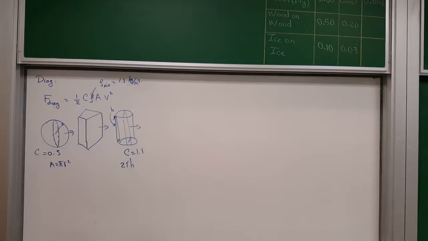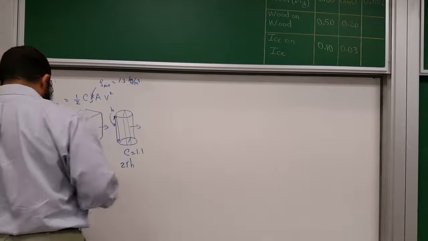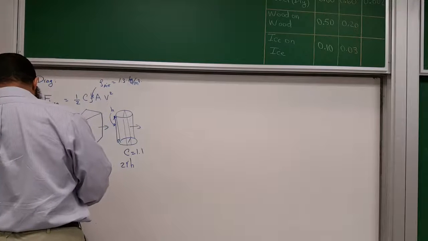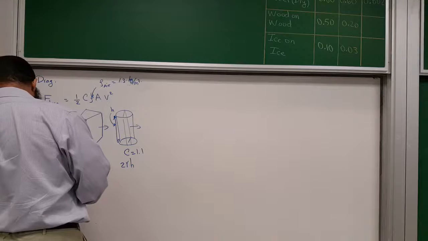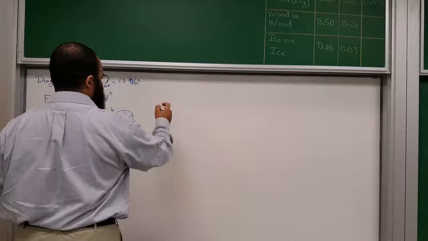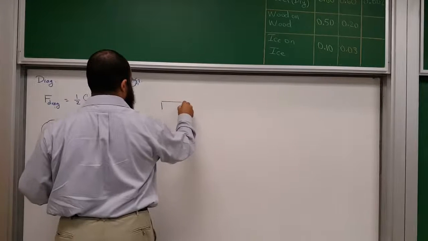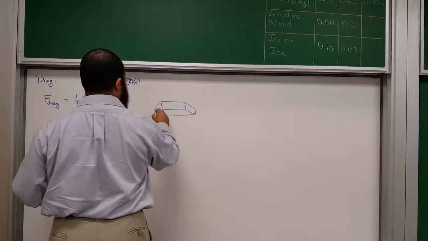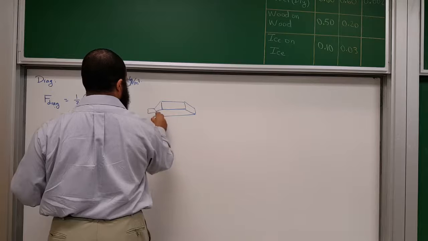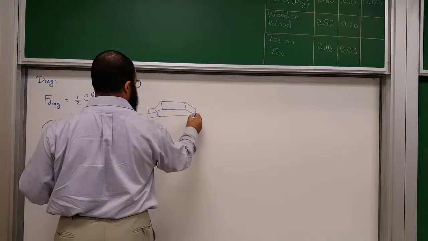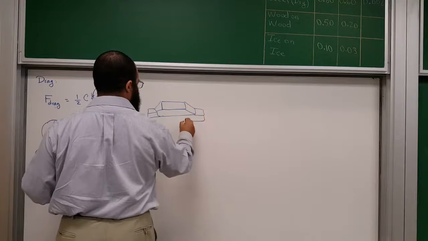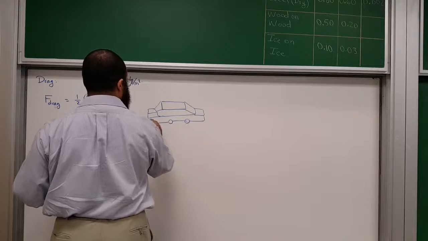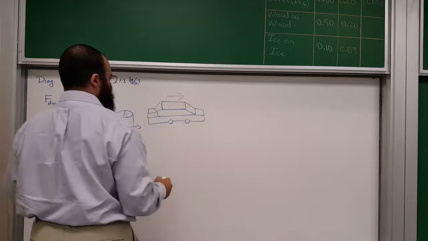So let's say you have a car. I'll write down the problem here. They say the typical profile for a 1,500 kilogram passenger car is that the car looks like this. Say the car is moving this way.